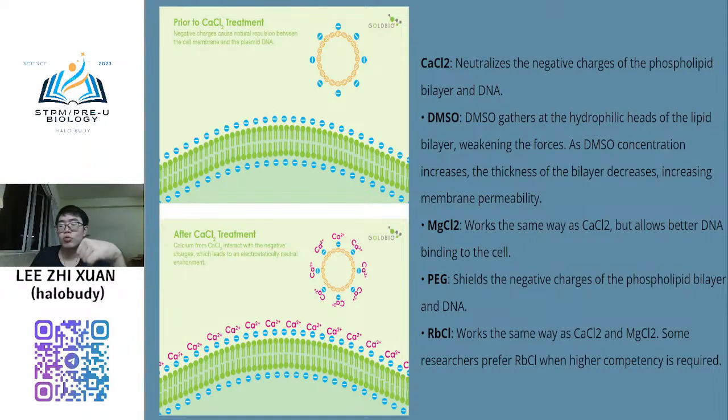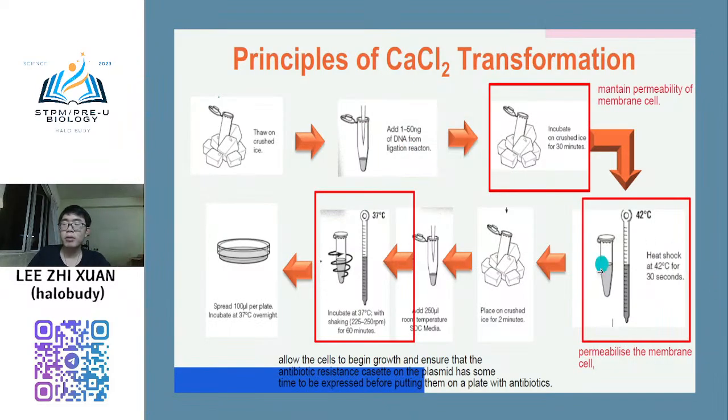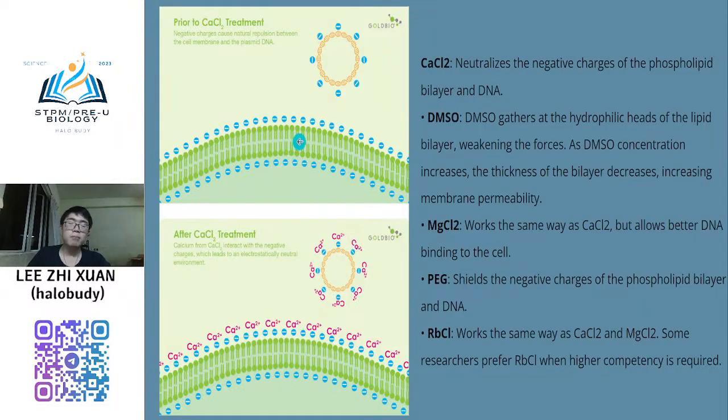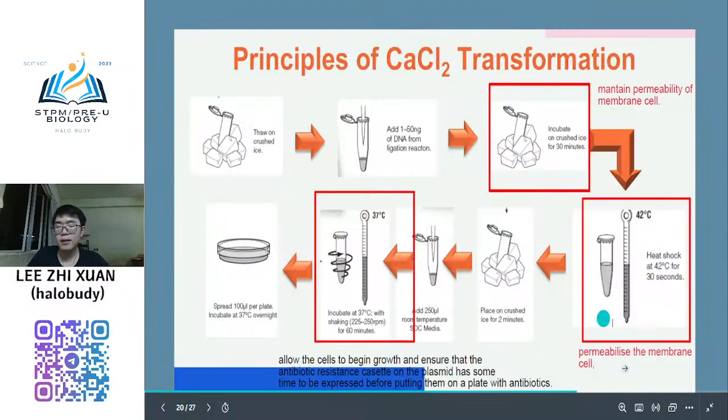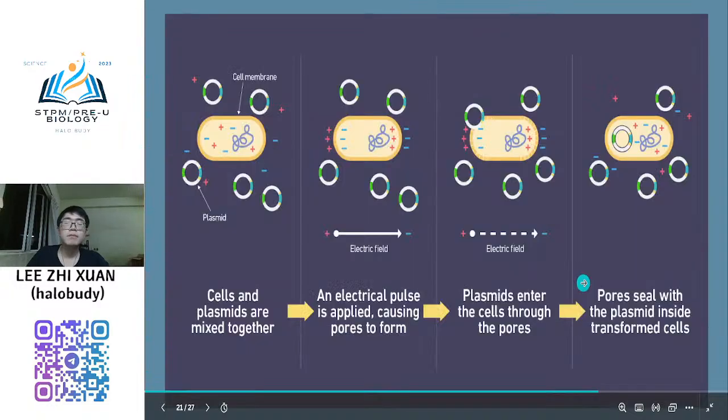Even if it is neutral, the original phospholipid bilayer cannot let it in because the plasmid is too big. So we need to do the heat shock to make the plasma membrane not tightly packed, but loosely arranged, and then it is more permeable so that the recombinant plasmid can enter. The heat shock is very important.